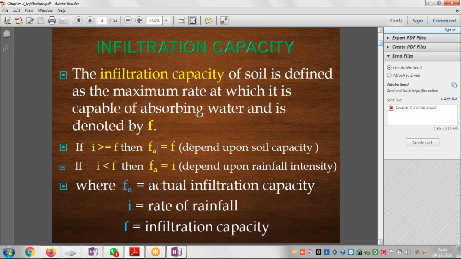If I is equal to F, then it depends. But if I is less than F, meaning the rate is less than the infiltration capacity, generally this absorbing capacity is denoted by F. Remember, this is the absorbing capacity of a soil represented by F.